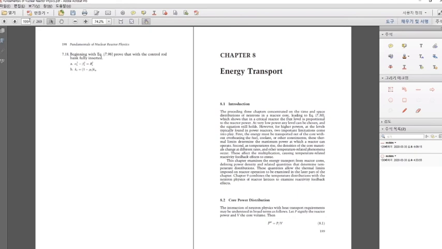And that feedback effect will also determine the final reactor power that can be achieved after inserting some positive or negative reactivity. So we just finished chapter 5.